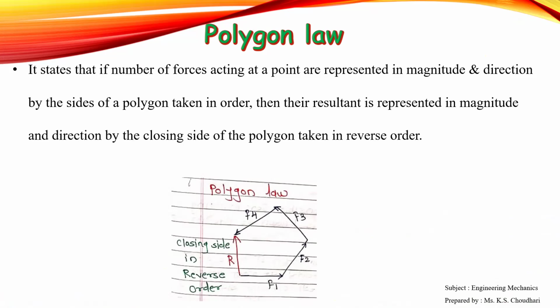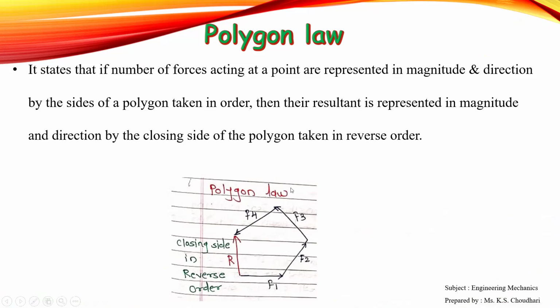We will first read the statement so that you can understand what I am saying. Polygon law states that if forces acting at a point are represented in magnitude and direction by the sides of a polygon taken in order, then their resultant is represented in magnitude and direction by the closing side of the polygon taken in reverse order.